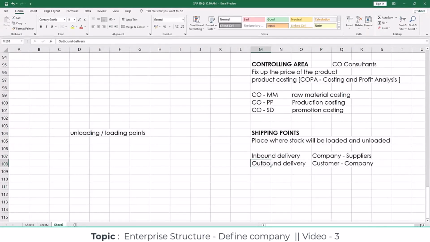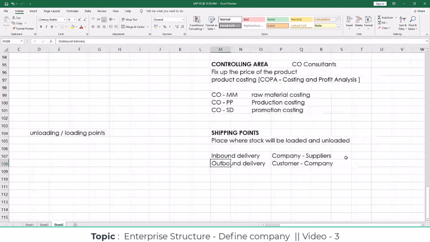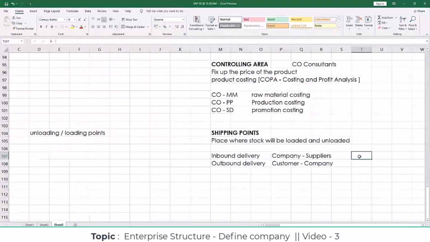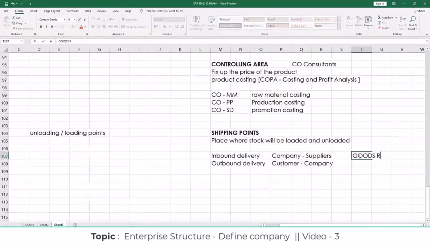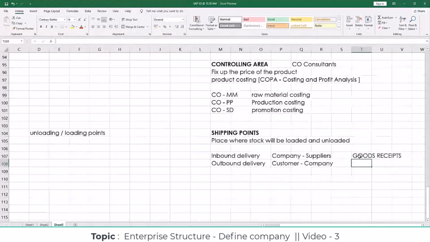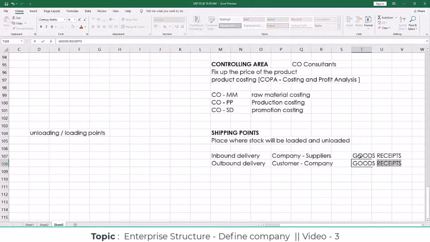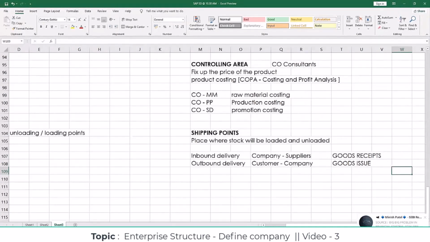This concept in SAP, we call goods receipt. Outbound delivery, we call goods issue. So always remember this one. This is going to be taken care of by MM, and this is going to be taken care of by SD.